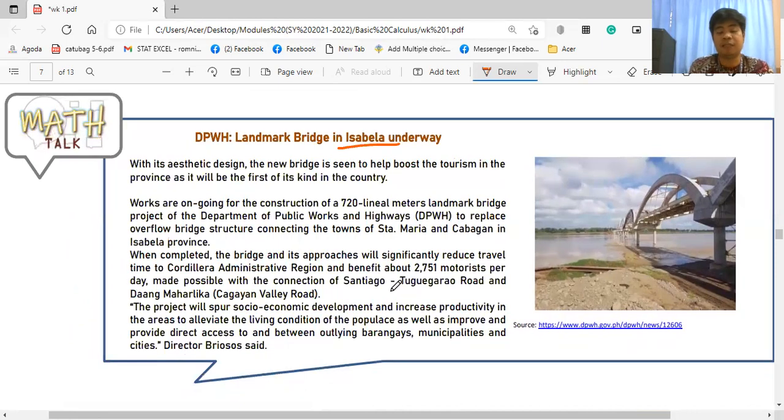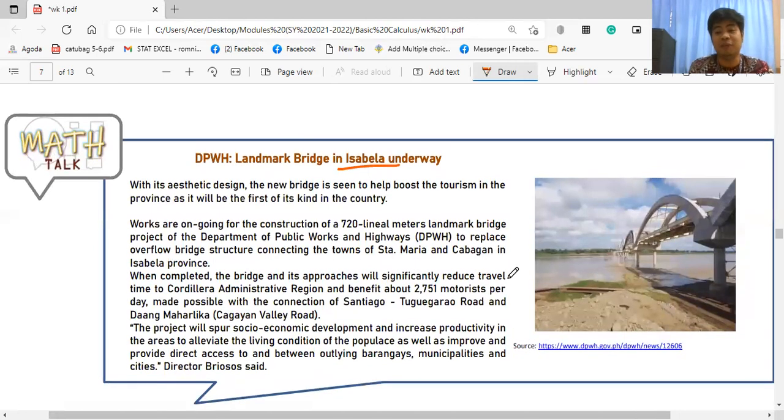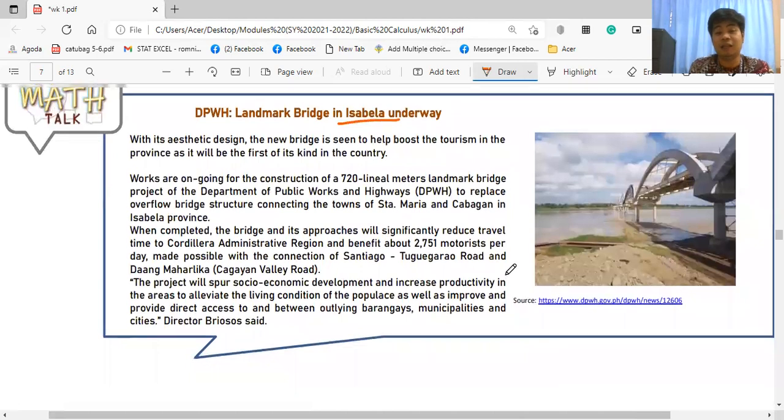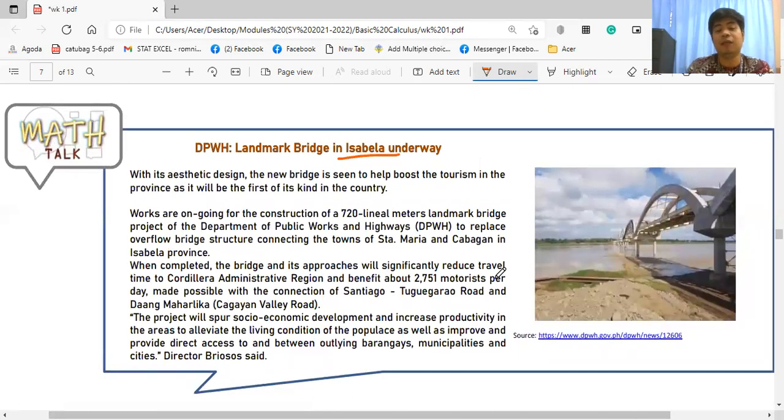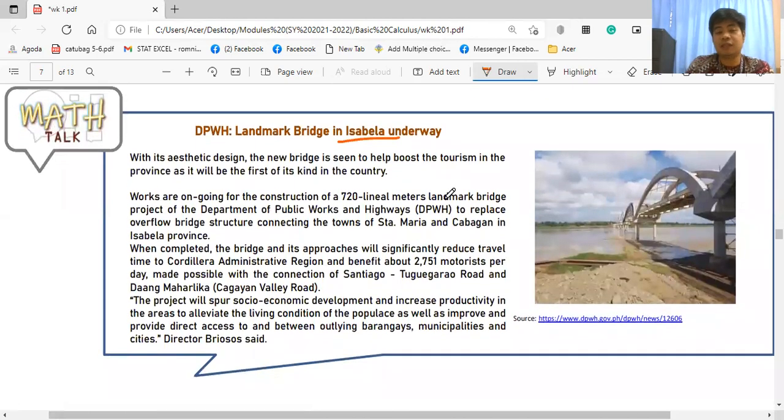The bridge becomes a tool or a means to have sustainable development here in Isabela. So that's all about continuity. In the next video, let's talk about continuity at other types and the continuity on an interval.